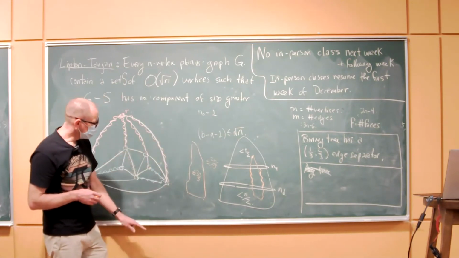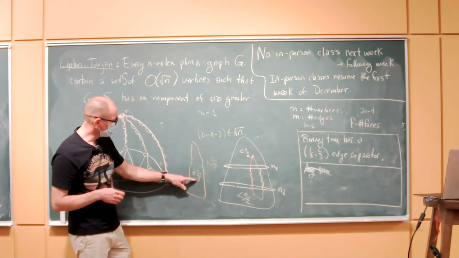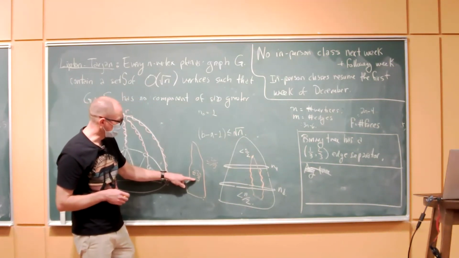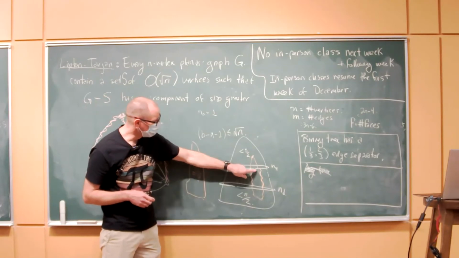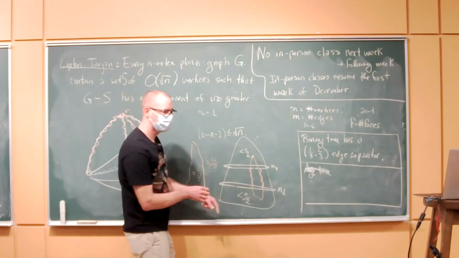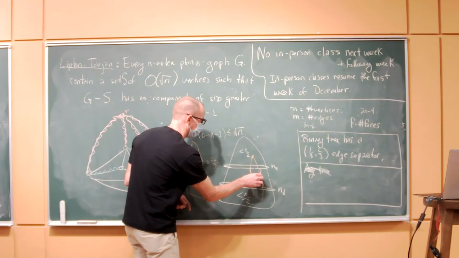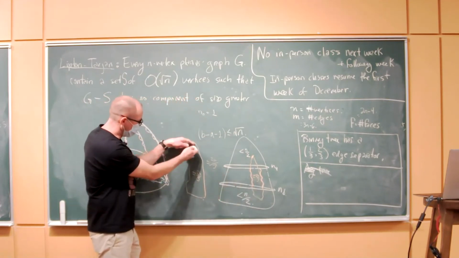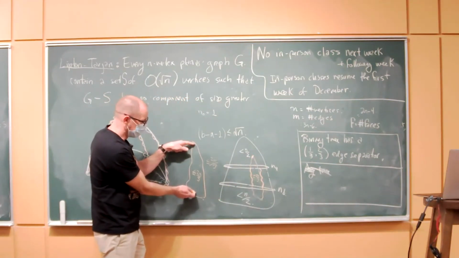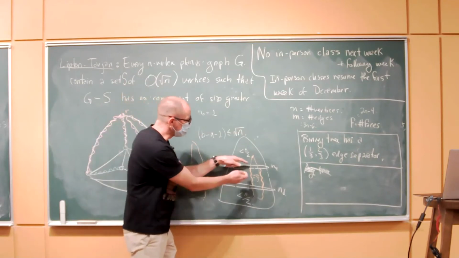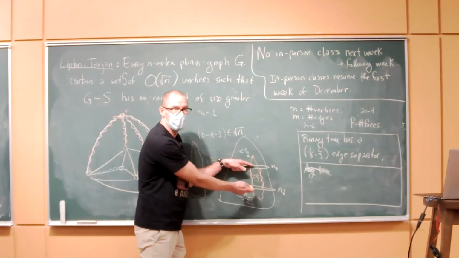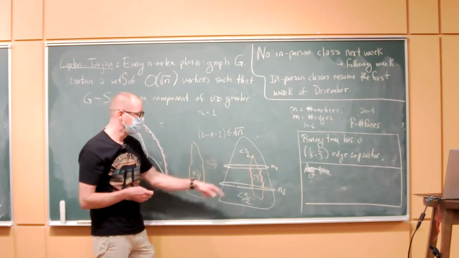On the other hand, if there's less than 2n over 3 vertices inside the cycle, then certainly the ones inside the cycle and in between these two levels is also less than 2n over 3.